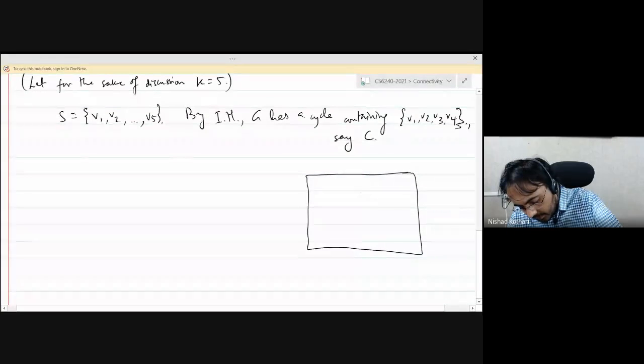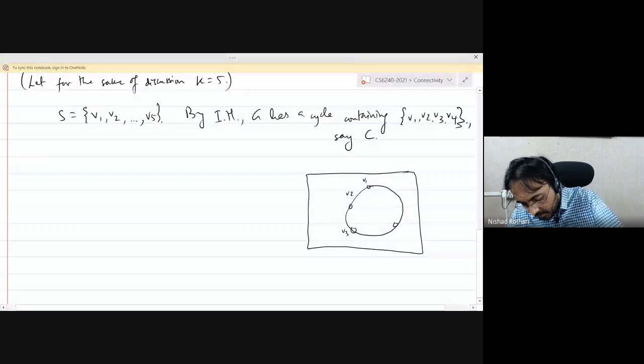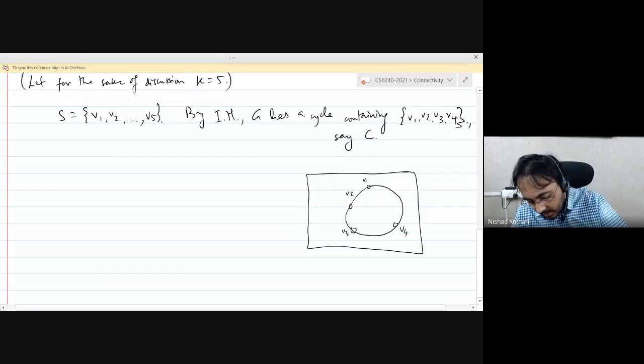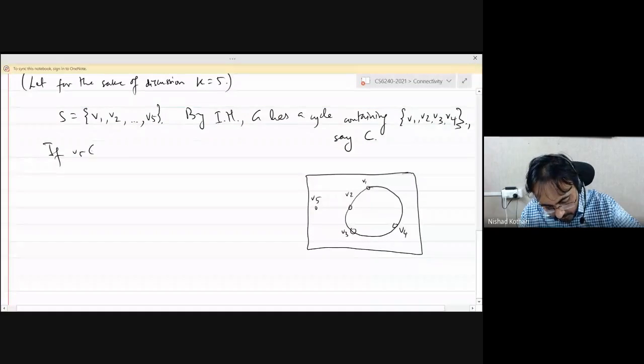So I've got a cycle here: V1, V2, V3, V4. And if V5 is on the cycle, then there is nothing to prove. So if V5 is a vertex of this cycle, then we are done.